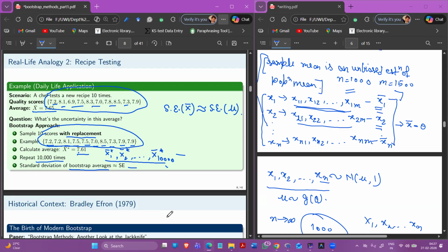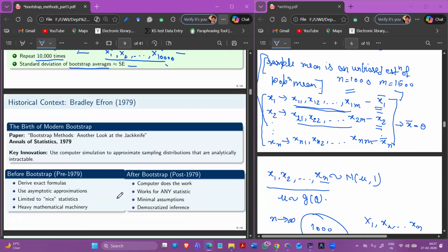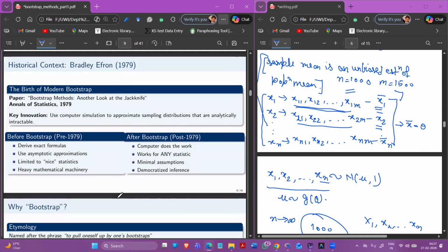After that we will come to how bootstrap was developed. Bootstrap was developed by Bradley Efron in 1979, so it is not that old a method.